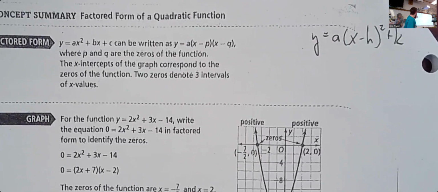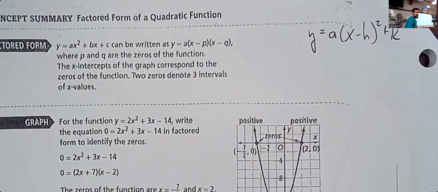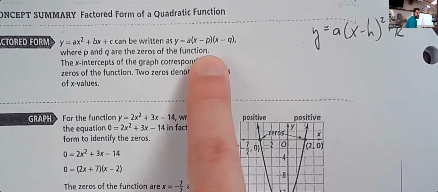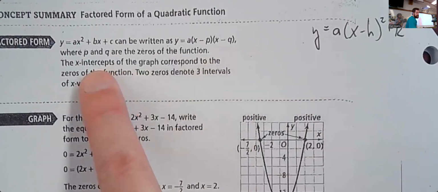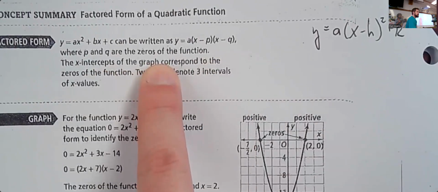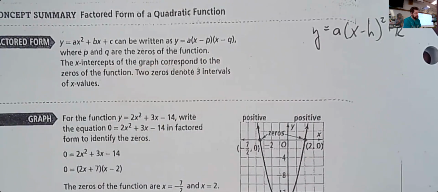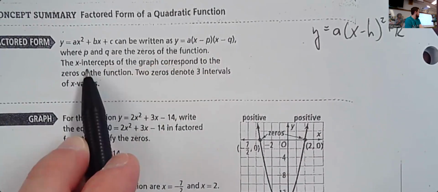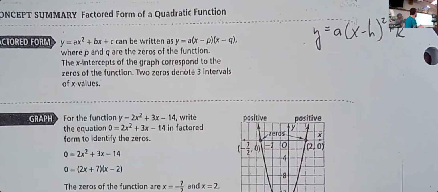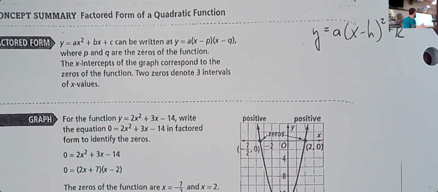So that can be found in any of those types of equations. Vertex form gives you the vertex with h and k. And then these values here, p and q, are the zeros of the function, meaning where the line crosses the x-axis. So the zeros, the x-intercepts, that's another thing that they're called. The x-intercepts of the graph correspond to the zeros of the function.